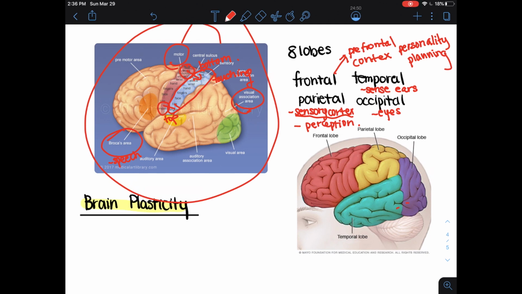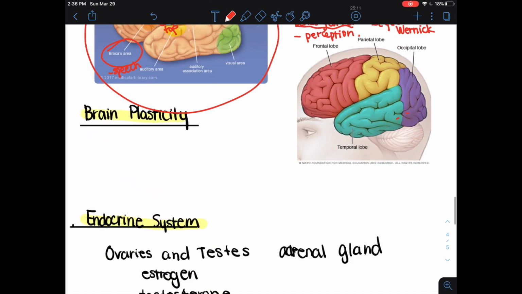You also contain the second language area, your Wernicke's area, which interprets both written and spoken speech. So recognize that Broca's is what you use in order to speak, and then Wernicke's area is what you use in order to interpret someone else's speech.